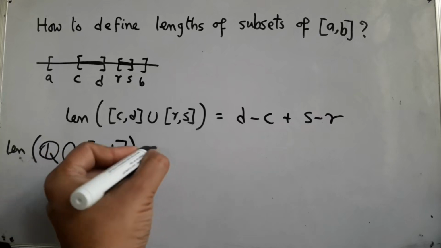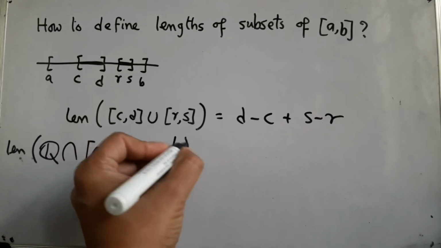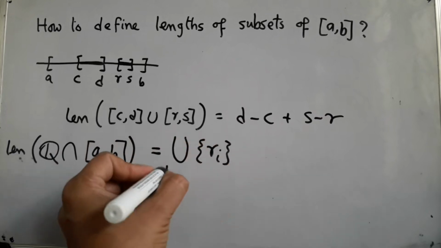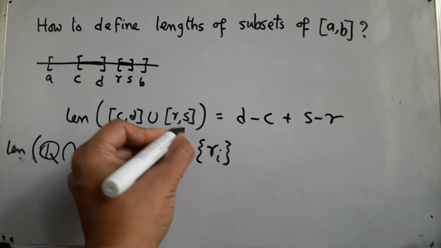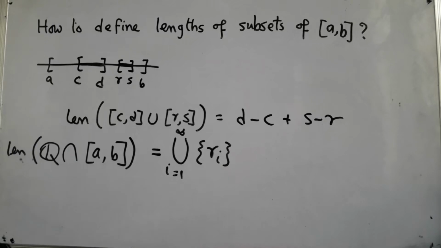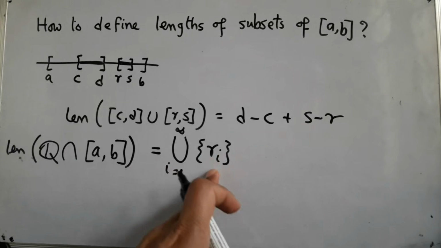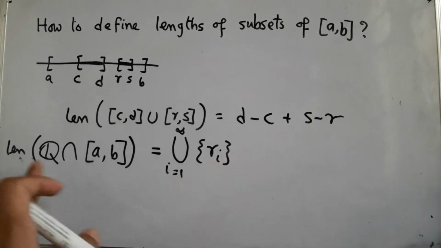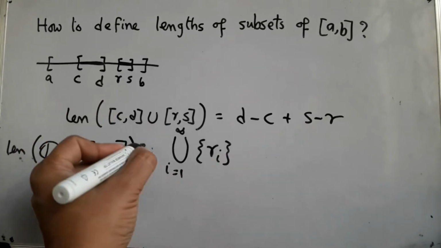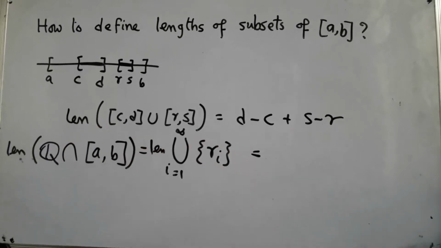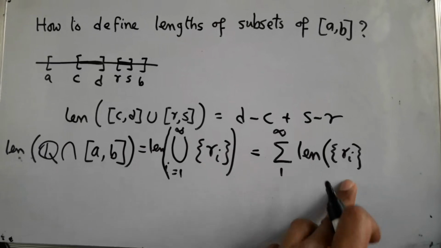So it is nothing but a union of lots of singleton sets, i from 1 to infinity. These are all the rationals. And of course these singletons are all distinct, so they are all disjoint. So its length should obviously be the length of this, which means the summation of the lengths of all Ri's.